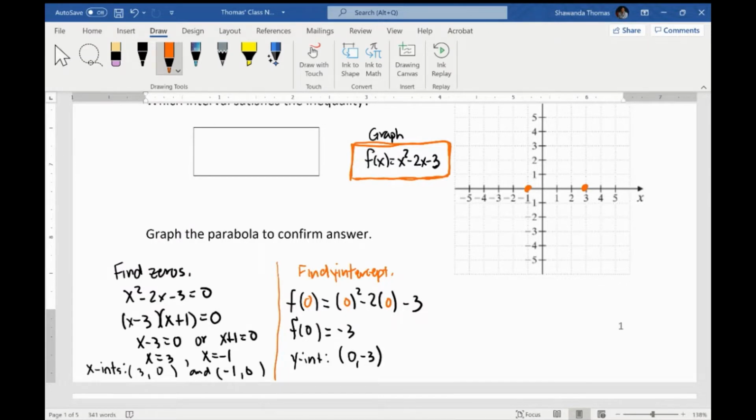I'm going to go ahead and plot that. 0, negative 3, that's right there. Will this graph open up or open down? Up. But it looks like maybe there was another point down here.